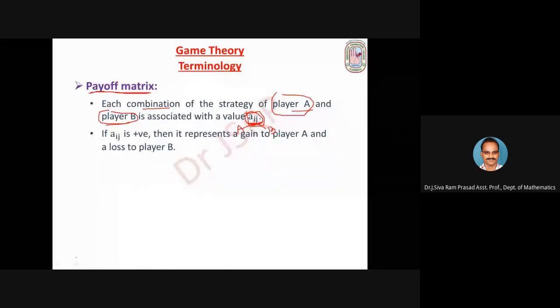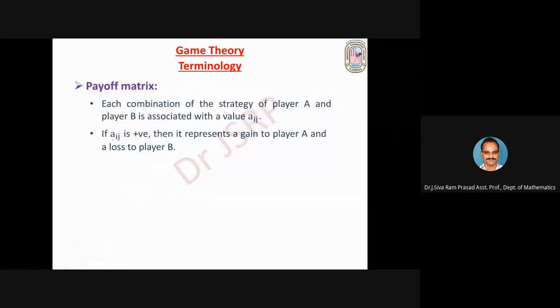If Aij is positive, then it represents gain for player A and loss for player B. You have to keep in mind this point also.